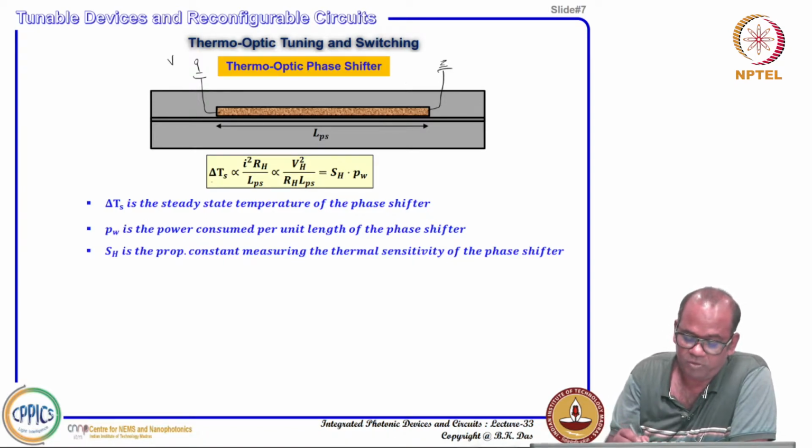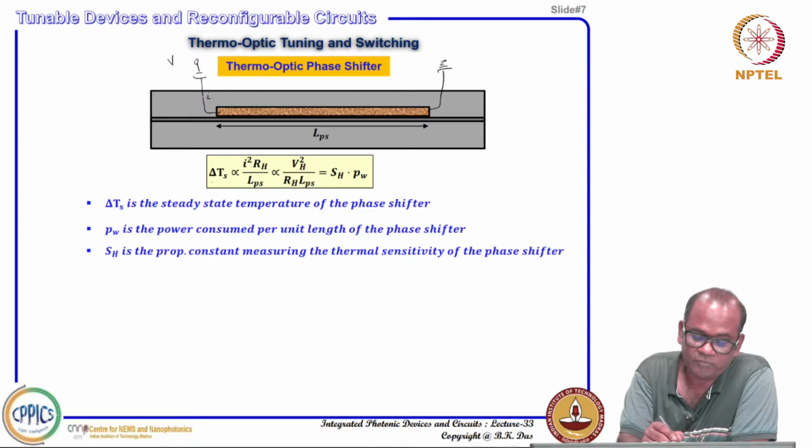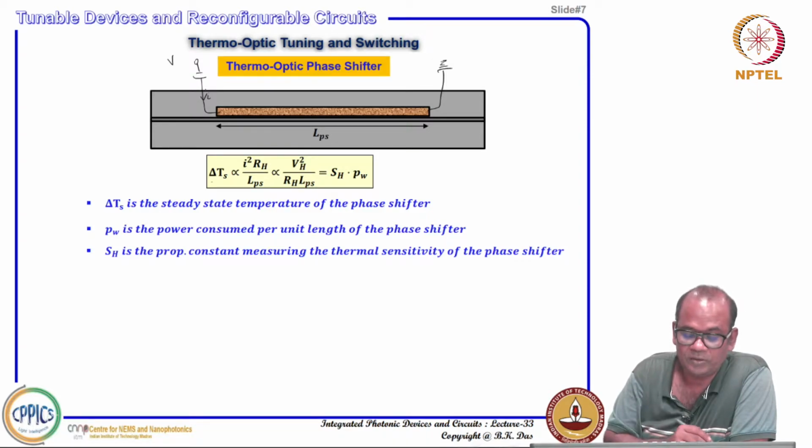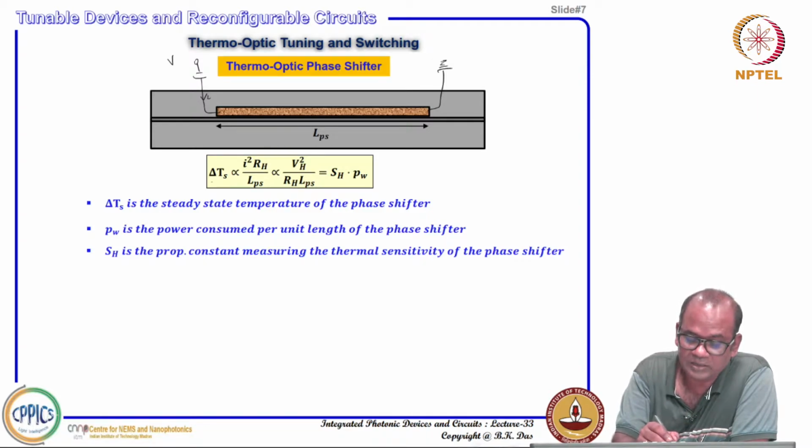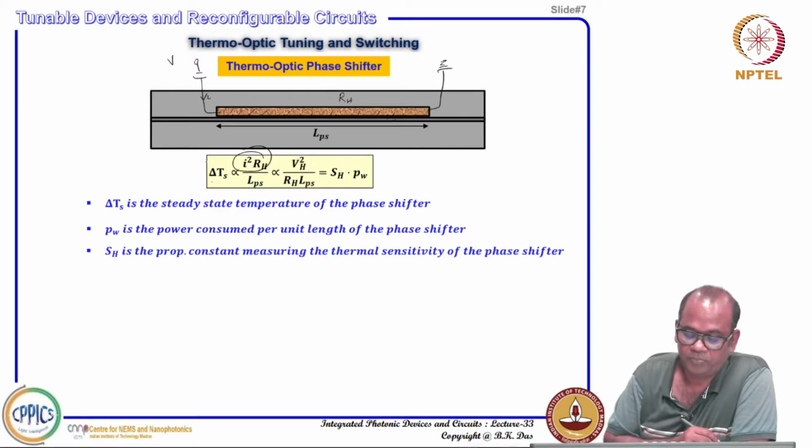So, current will be flowing. So, in that case, temperature rise. So, how much will the temperature rise be? Suppose I current is flowing, I amount of current is flowing. So, the total heat energy dissipated by this resistor of resistance RH is equal to I square RH.